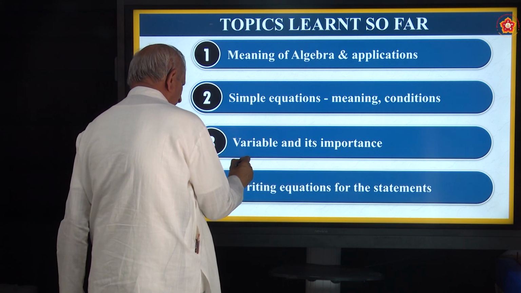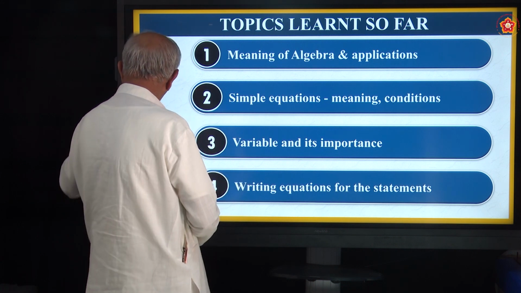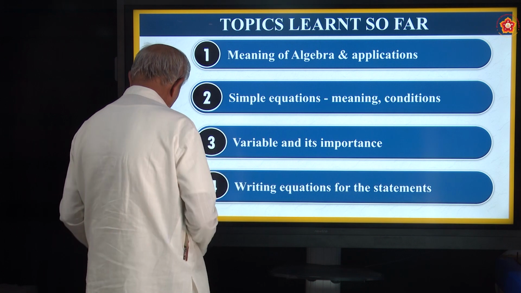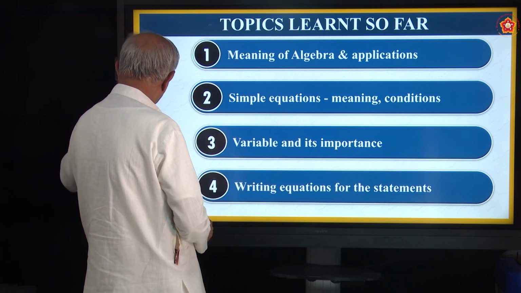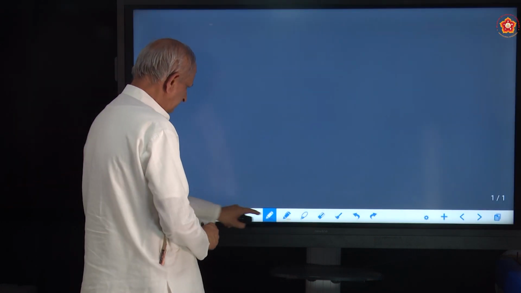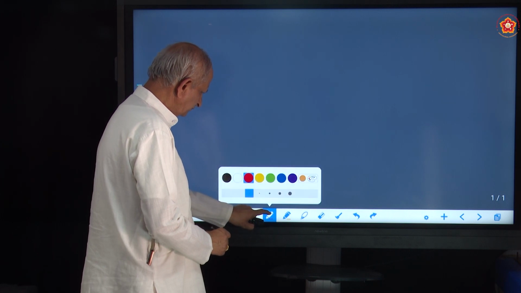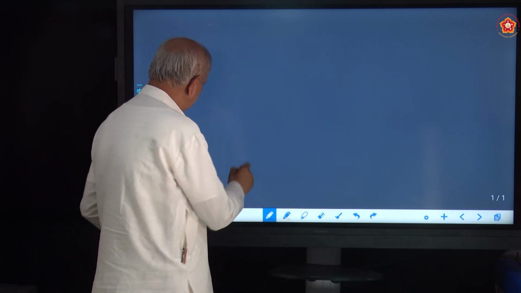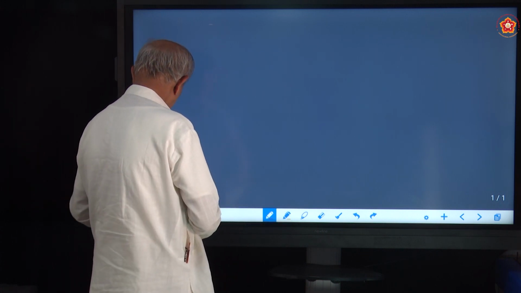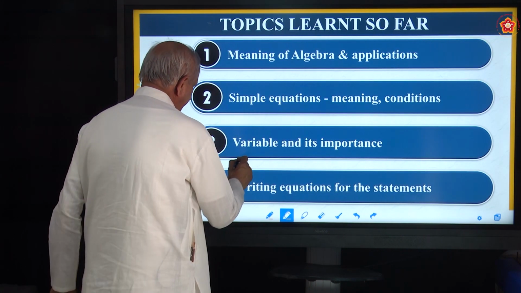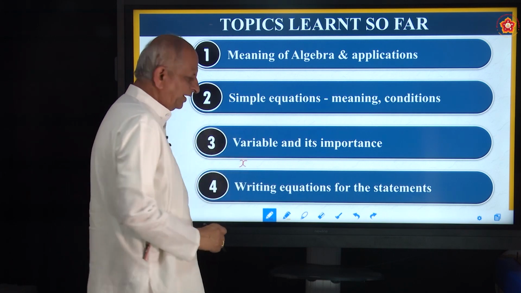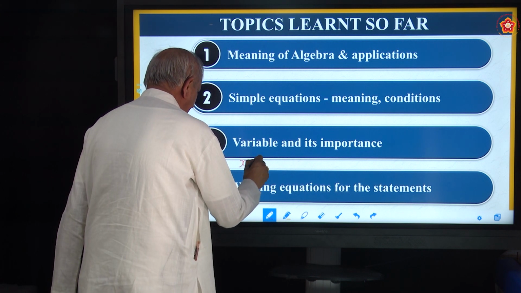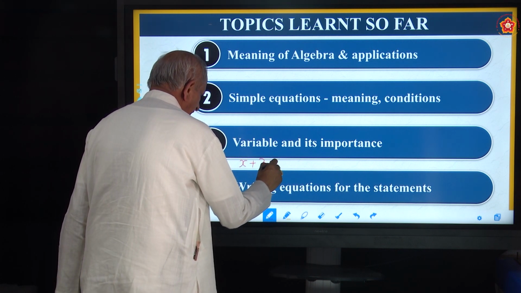We do not know the number, so we call it x, and let the number be x. To that number x, we have to add 3. The answer is 4.